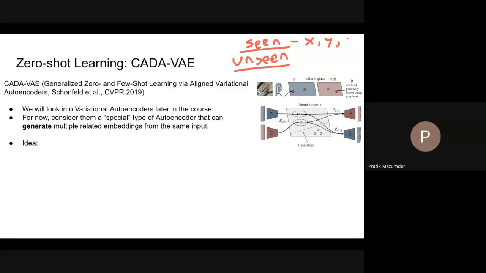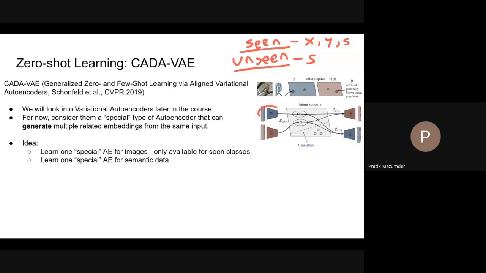And you have your semantic vectors for the seen classes. For unseen classes, you only have your semantic vectors. So that's the difference between the seen and unseen classes. And in this particular setup, you will be using basically two autoencoders. One will be for images, with an encoder and a decoder, and one will be for the semantic vectors.